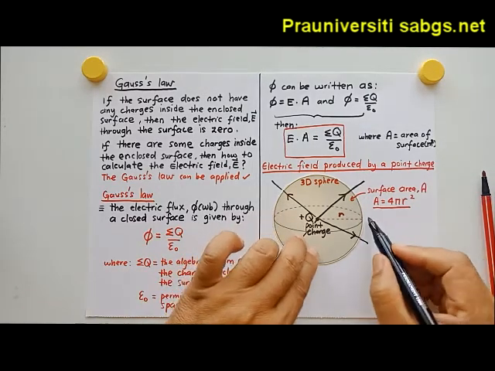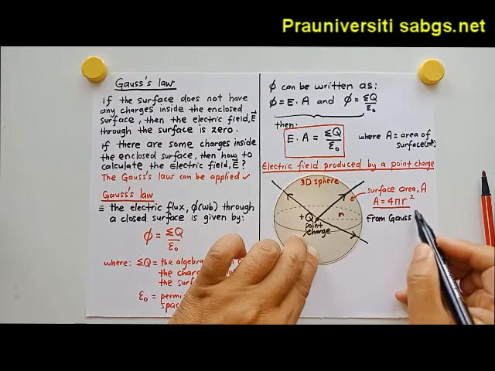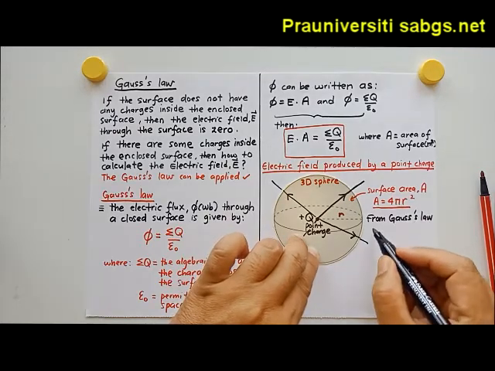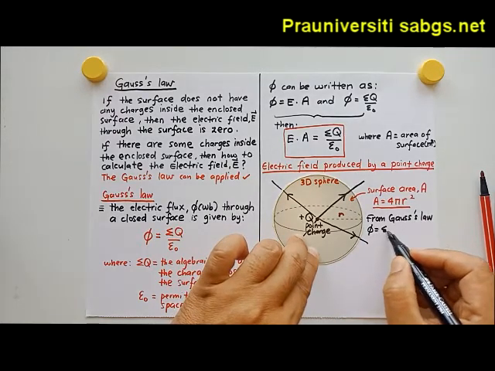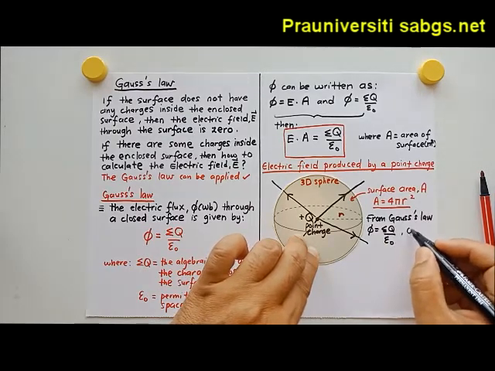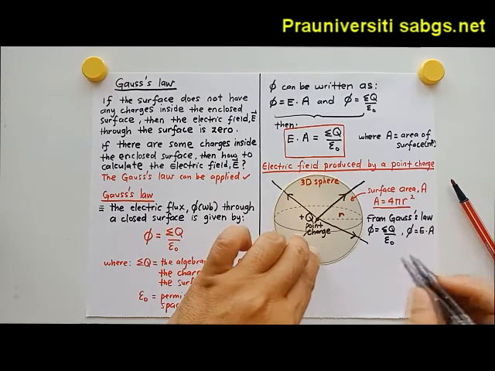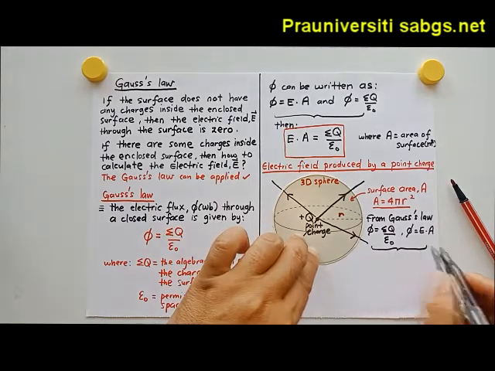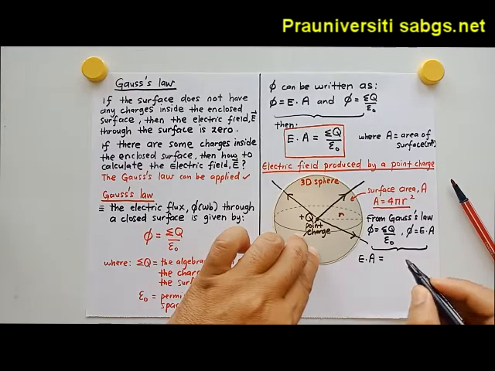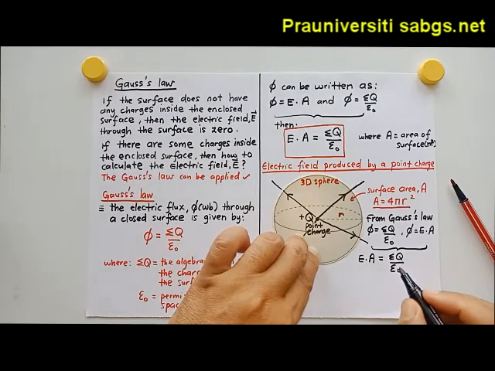So we start here. From the Gauss law, we have the flux is equal to total of Q over the epsilon naught, and psi is equal to E dot A. Therefore we have this equation: E dot A is equal to the total of Q over the epsilon naught.